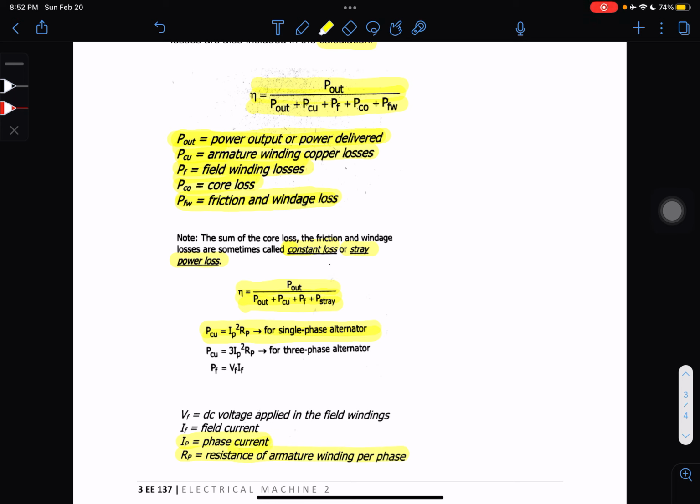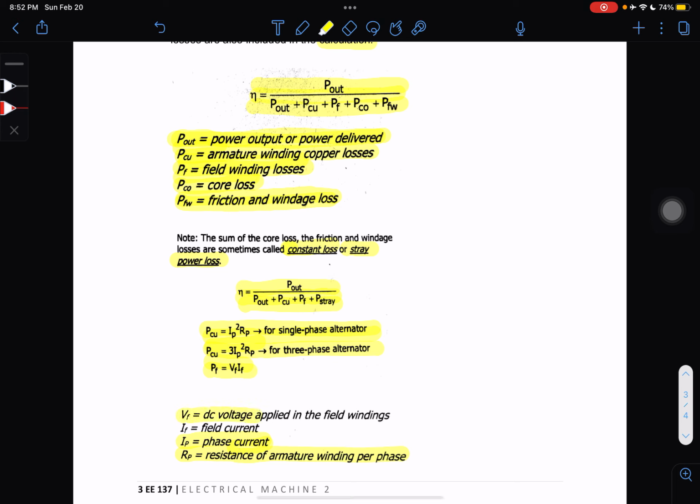So this formula is for a single phase alternator. And for the 3 phase, we just multiply by 3. So 3 IP squared multiply by RP. And for our PF, for our field winding losses, we have VF multiplied by IF.